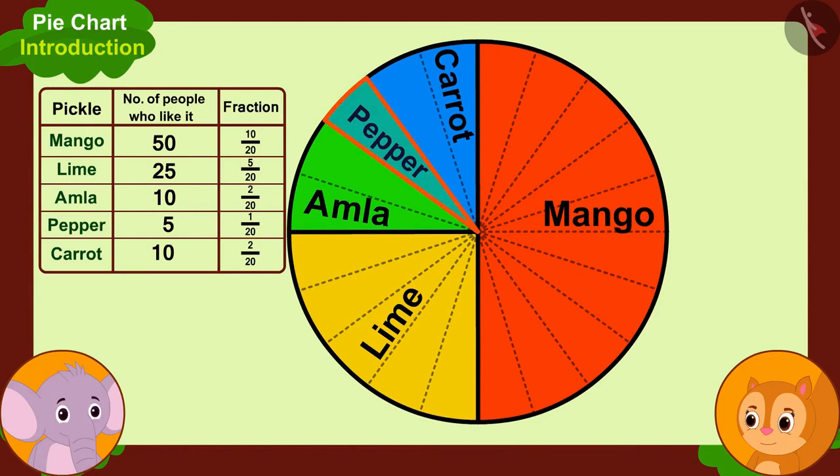So, people who like pepper pickle are of the least number. And look, Appu, a similar number of people like amla and carrot pickle. That means those who like these pickles are the same in number. That's right. We have to start selling mango pickle first.